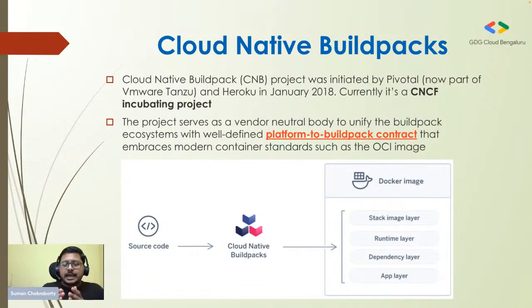The idea here is to help developers ease the process of making an image, specifically a more cloud native image, where the focus would be on writing good application code rather than focusing on the dependencies needed to build that application. So, in a nutshell, Cloud Native Buildpacks take your source code and create a compiled OCI image which contains multiple layers called the stack image layer, runtime layer, and dependency layer, all together built on your application.